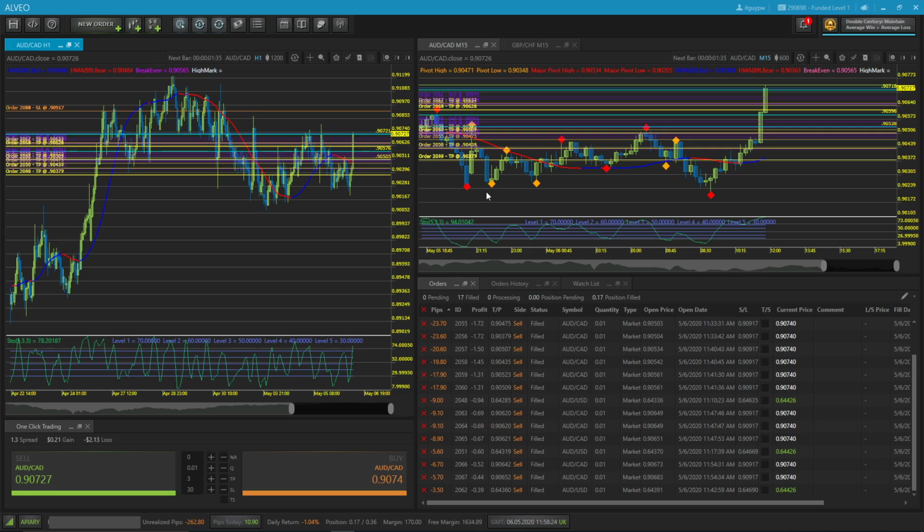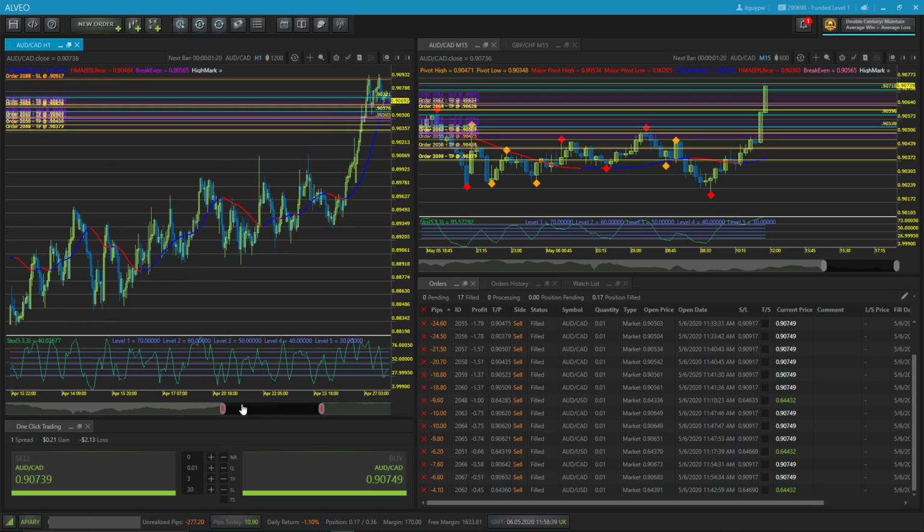So I can't really blame it on that. So yeah, if you have any thoughts as to why these candles just kind of shoot up like this, let me know in the comments. I'd like to have your input.